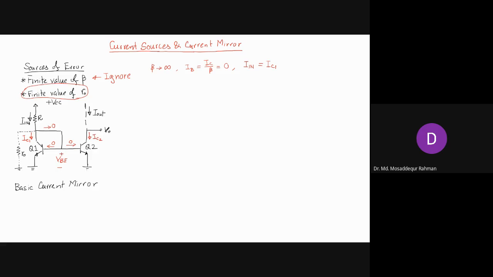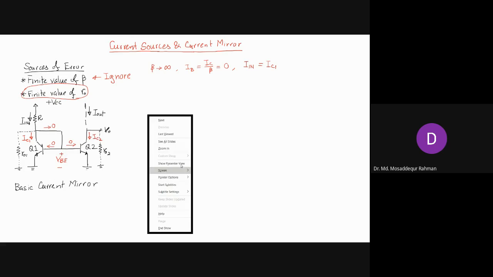Since the emitter is ground, this also goes to ground. Let's call it R01 for Q1, and similarly we have a resistance for Q2 between collector and emitter, which we call R02. These are the two output resistances connected in parallel to the transistors.